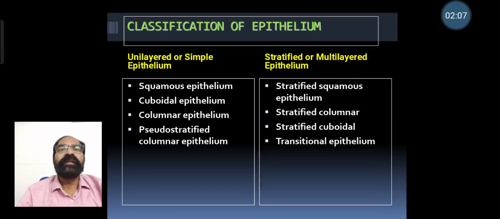So coming to classification, simple types are simple squamous epithelium, simple cuboidal epithelium, simple columnar epithelium and pseudostratified columnar epithelium. Coming to multilayered or stratified, we have stratified squamous epithelium, stratified columnar, stratified cuboidal and transitional epithelium.